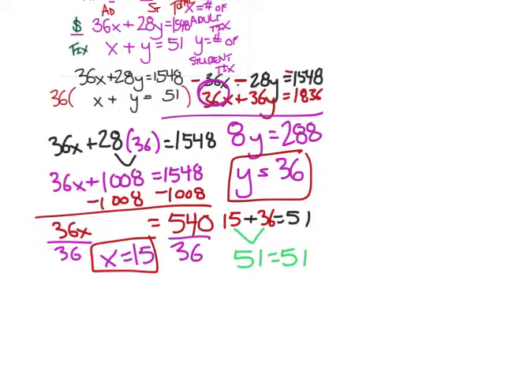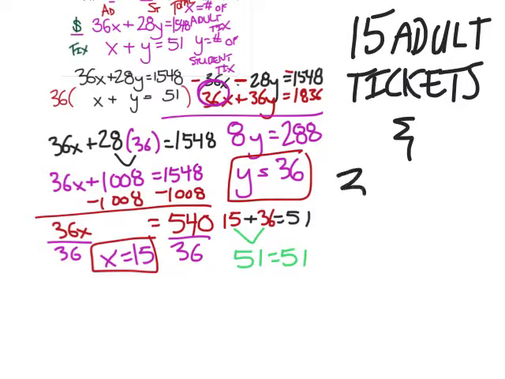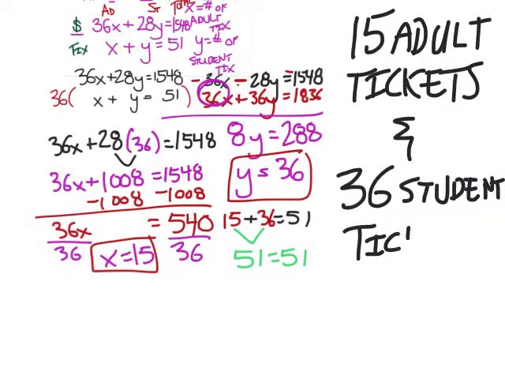So we would say they sold 15 adult tickets. And 36 student tickets.